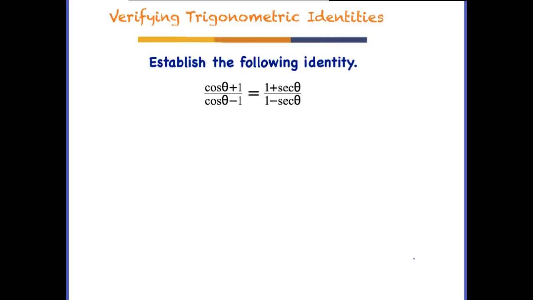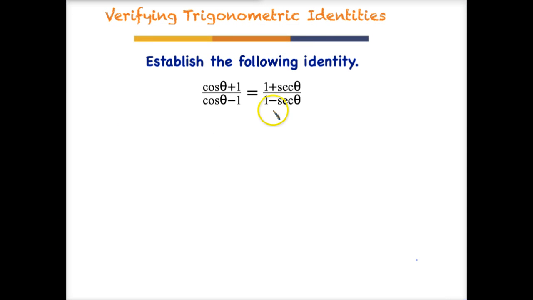Let's try yet another. Again, go ahead and pause and see if you can do this one on your own. For this one, because they're both fractions, I'm going to go ahead and simplify the one on the right because I have secant in here. So let's replace secant with 1 over cosine for both the numerator and the denominator.